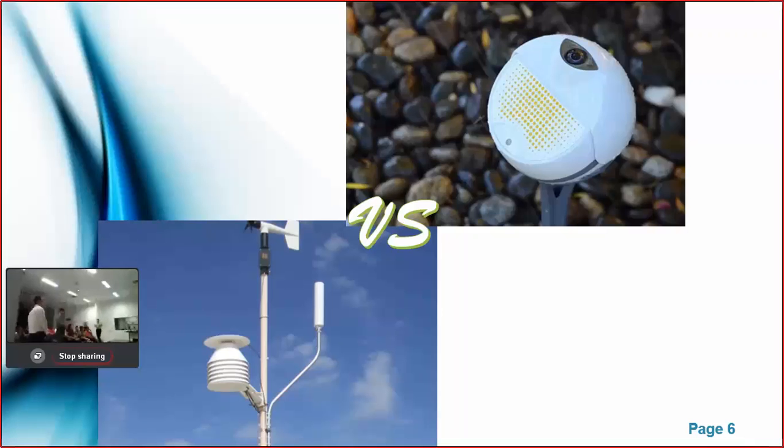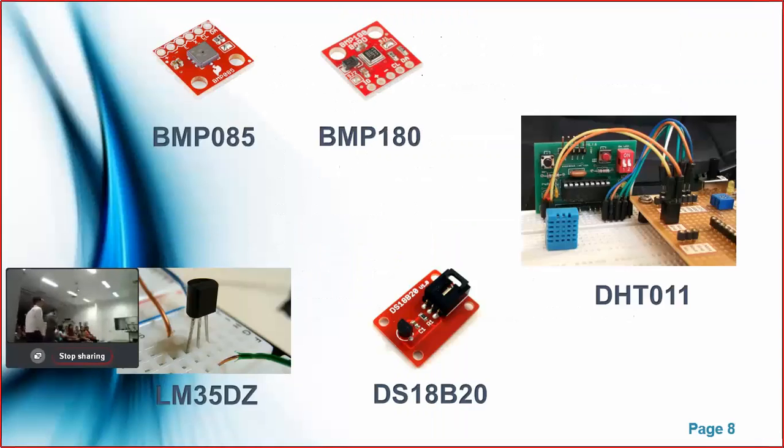We have 4 ways of determining the temperature. Firstly, we can use BMP 085 or BMP 180, both of which are temperature and pressure sensors. We also have DHT 011, a humidity sensor.